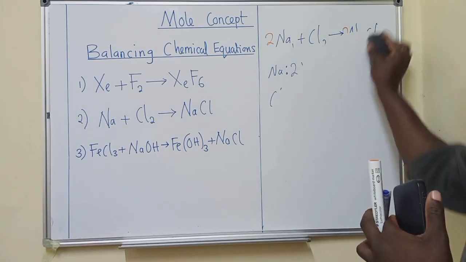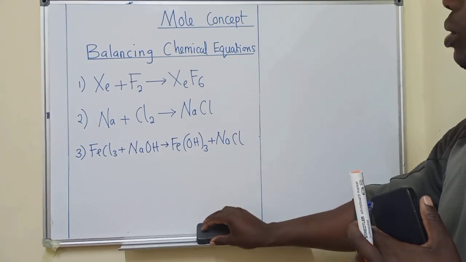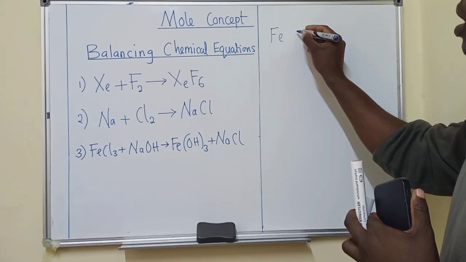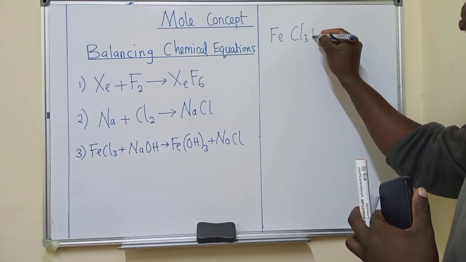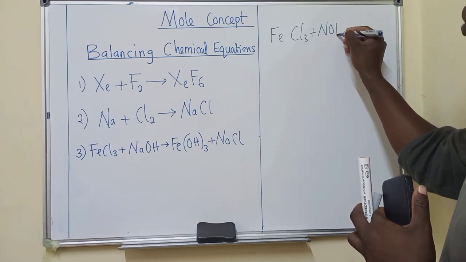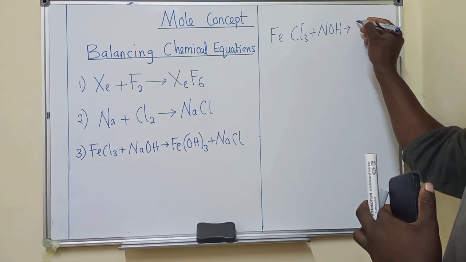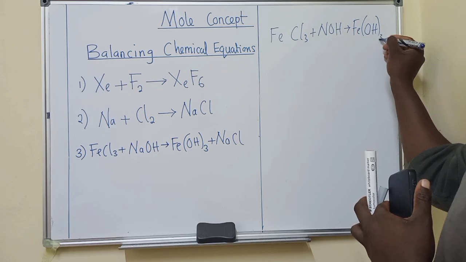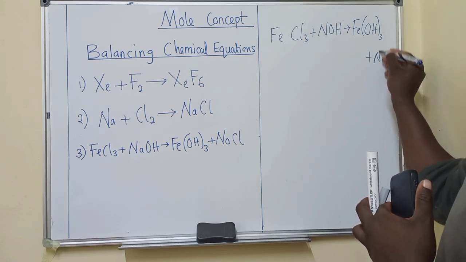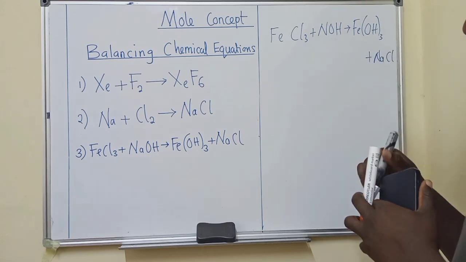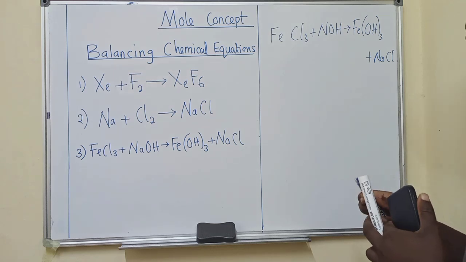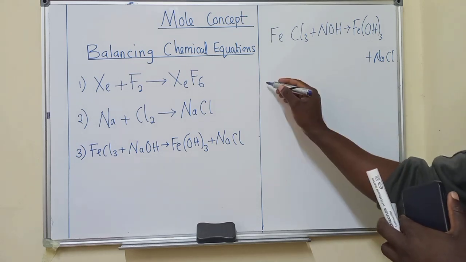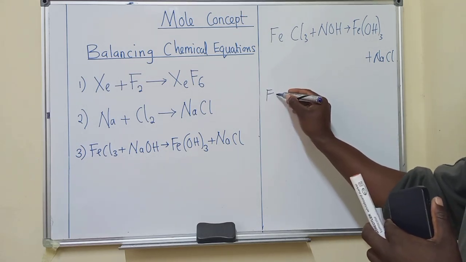For the last equation, we have FeCl3 plus NaOH, giving Fe(OH)3 plus NaCl. So how are we going to balance this? We will list what we have.